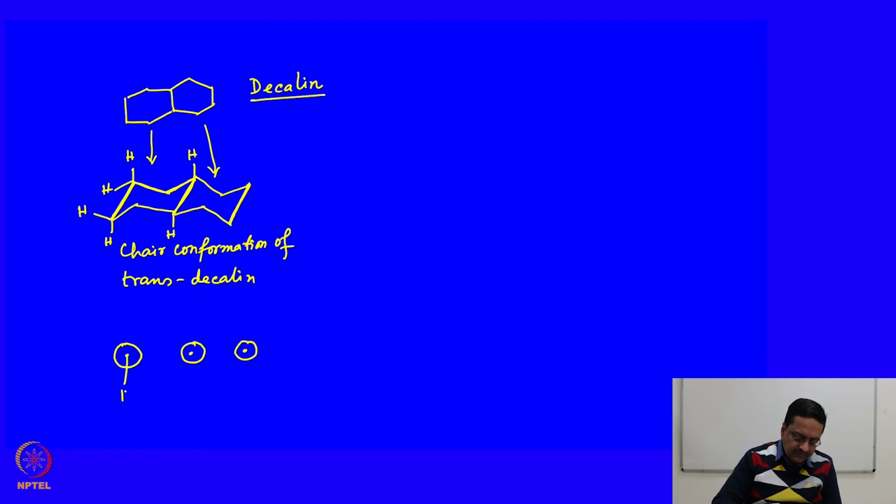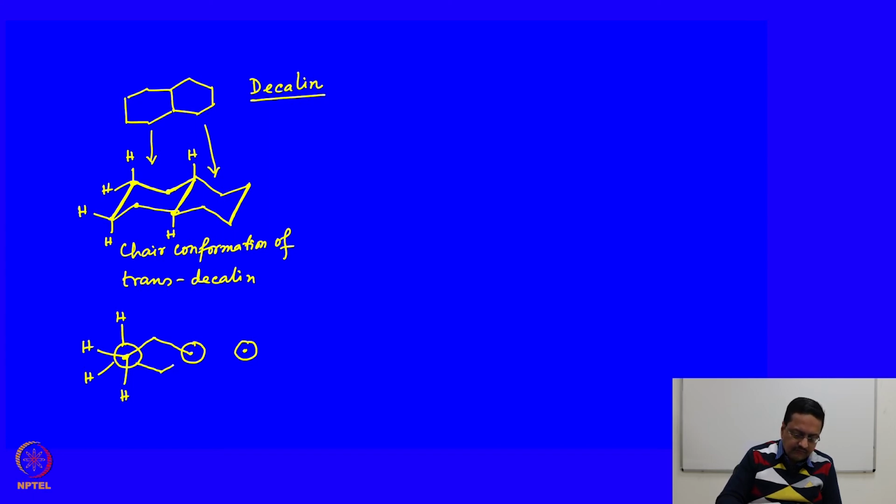So, we draw these hydrogens like this. Now, the front carbon is connected through the middle carbon to the next carbon. So, we draw this. The back carbon is connected to this third carbon through that carbon.